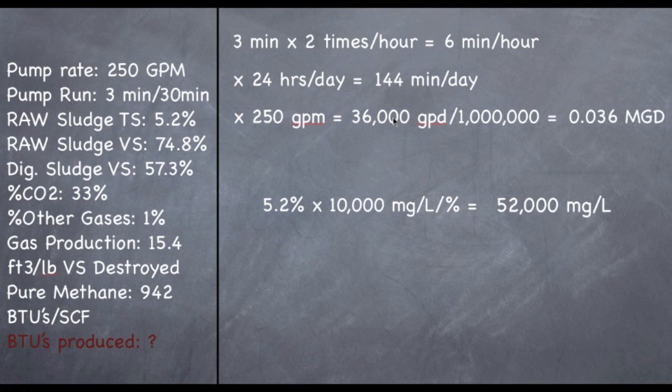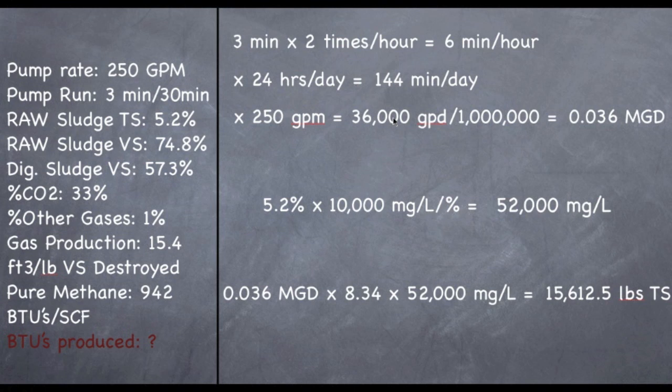Now let's plug all this data into our simple pounds formula to find out how many pounds we're sending to the digester every single day. So 0.036 MGD times 8.34 pounds per gallon times 52,000 milligrams per liter will give us 15,612.5 pounds total solids sent to the digester.